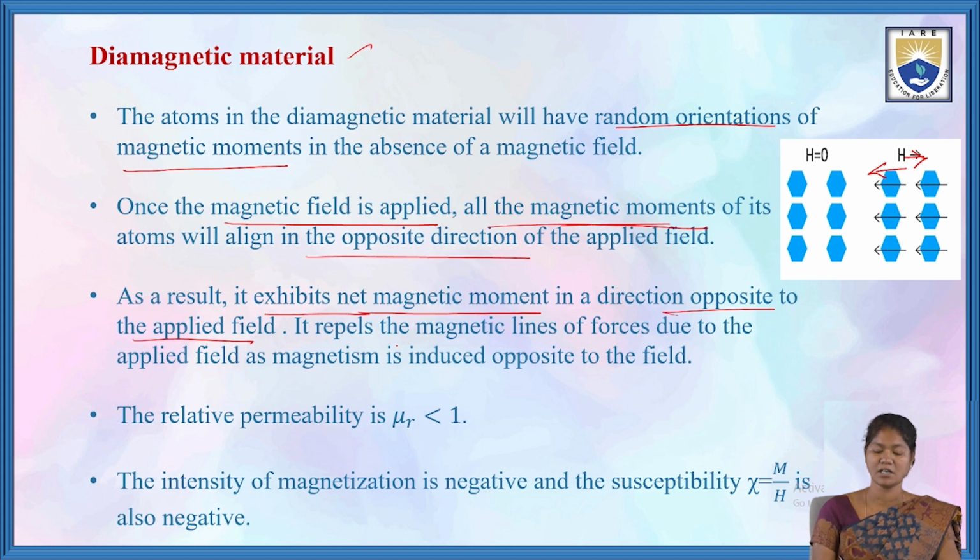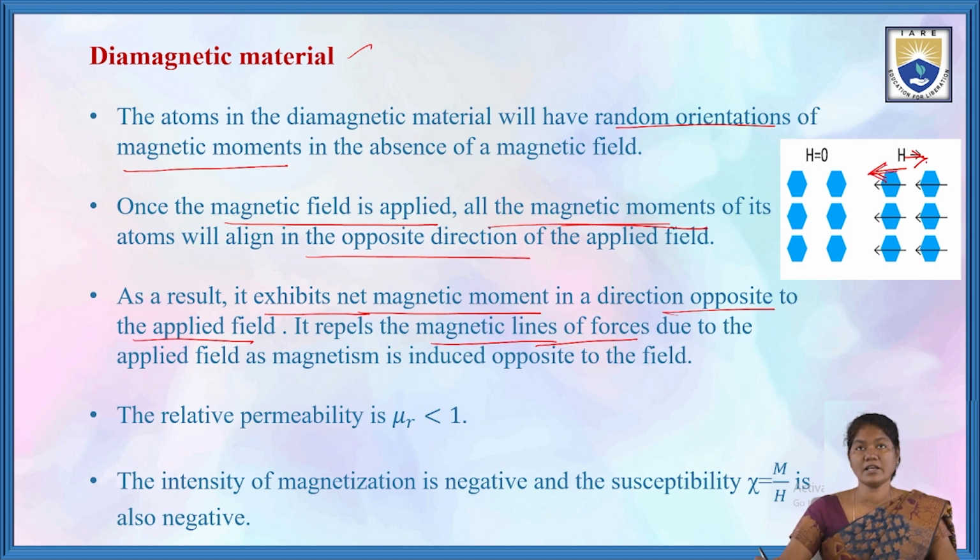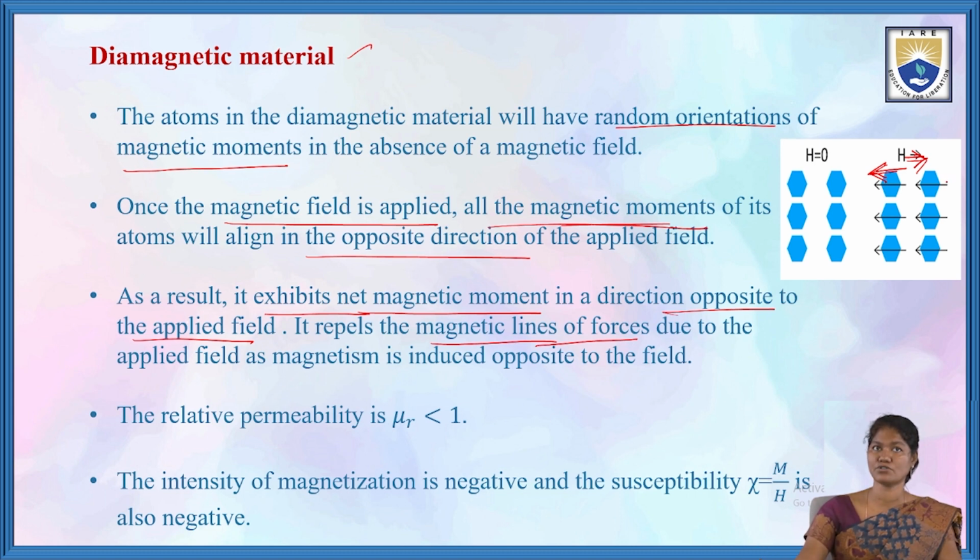So it repels the magnetic lines of force due to the applied field, as magnetism is induced opposite to the field. Because the magnetic moments are aligned opposite to the applied magnetic field, the magnetic lines of force are repelled from passing through the material.